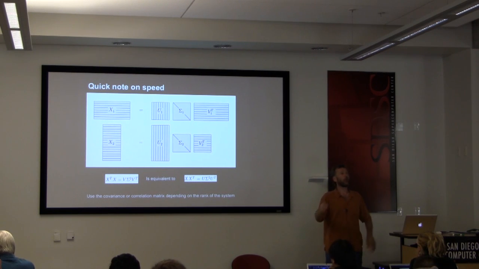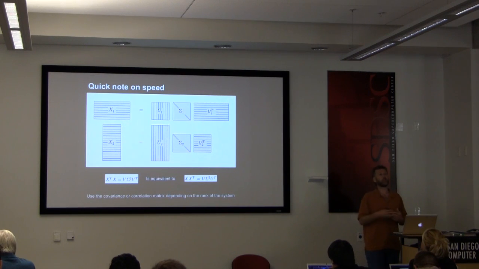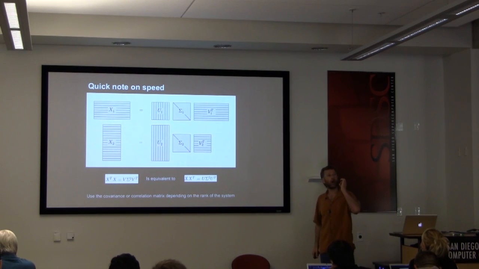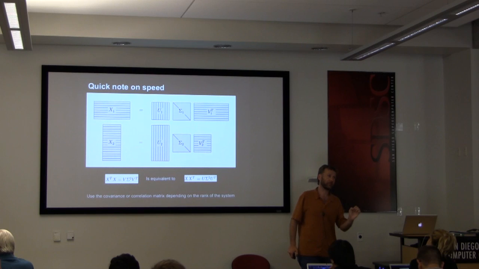Right? So you can produce a matrix which will be the number of elements by the number of elements, or you can produce the one which is the number of spectra by the number of spectra. Okay?